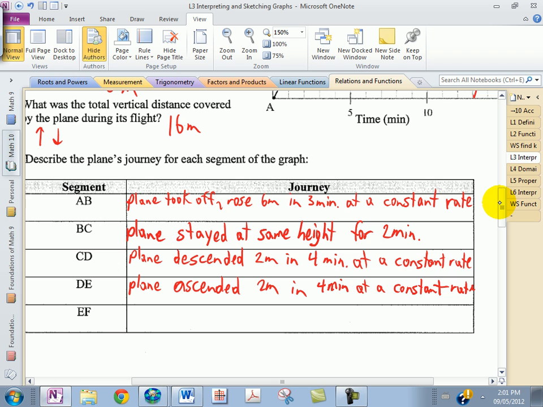And the last bit, who can give me a very descriptive sentence for that? Austin? Perfect, you got everything, right? We want to mention that it landed or it's on the ground, how far, how long, constant rate. Okay, so plane descended to the ground or landed.